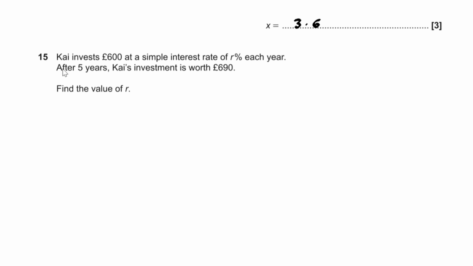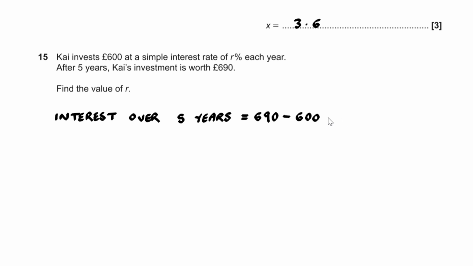Question number 15. Kai invests £600 at a simple interest rate of R% each year. After 5 years, Kai's investment is worth £690. We have to find the value of R. The interest over the 5 years is equal to 690 subtract 600, which is equal to 90.